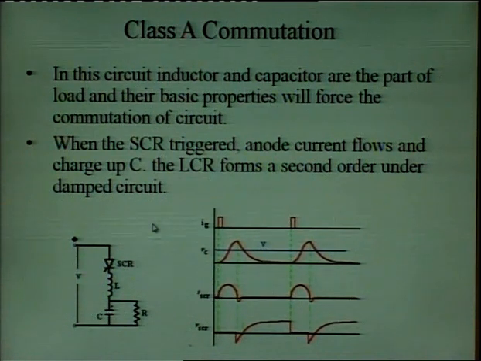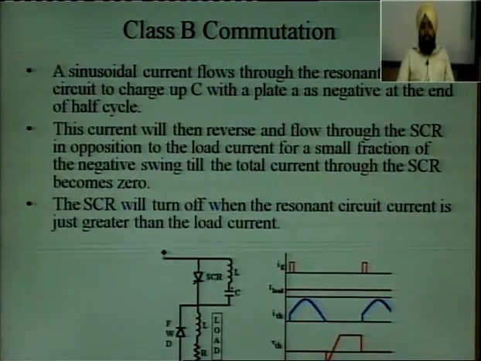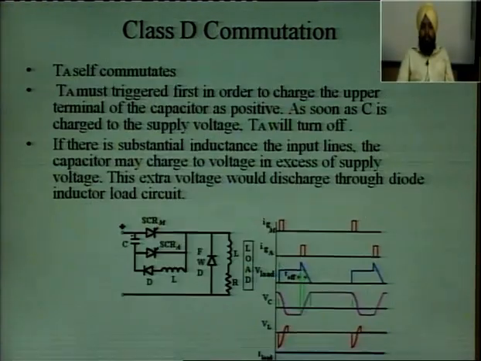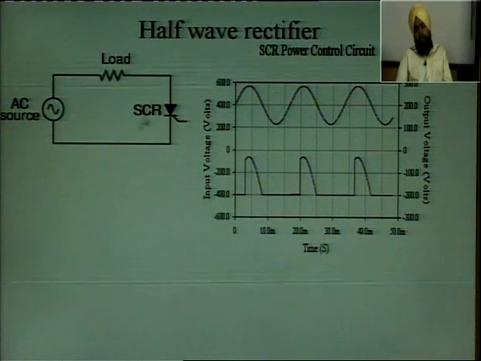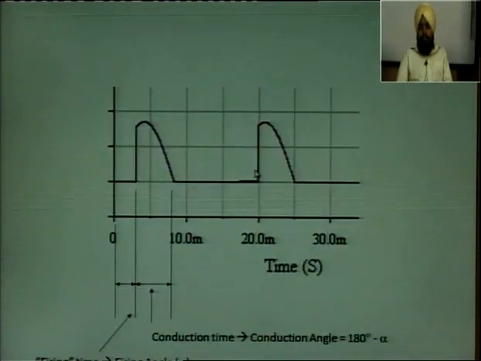There are types of commutation: class A, class B, class C and class D. This is the application of a simple circuit of half wave rectifier. You can see we rectify the AC into DC.